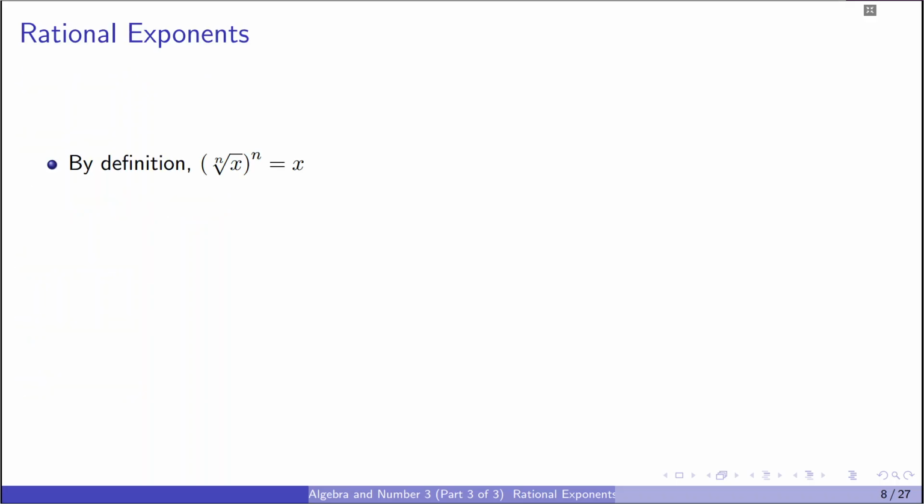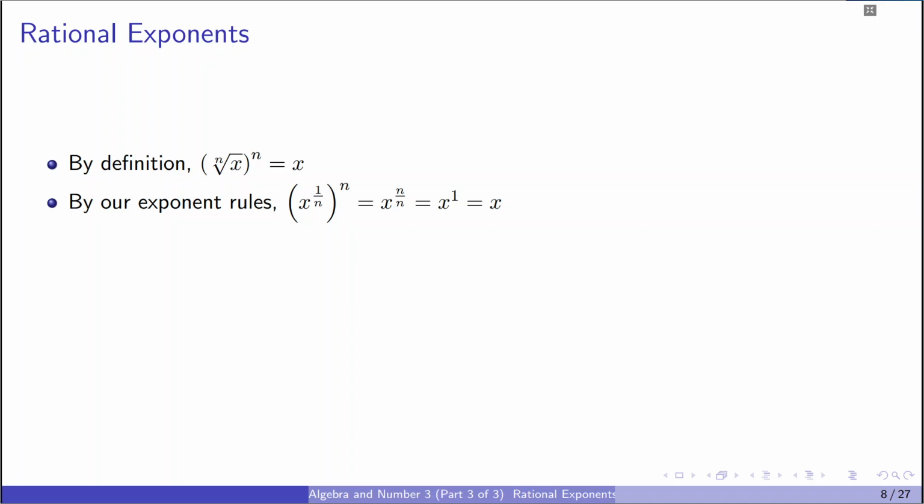So what does that mean with rational exponents? The very definition here: the nth root of x, to the exponent n, is x. The square root squared, the cube root cubed, the fourth root to the power 4, those will cancel each other. We're just left with our original number.